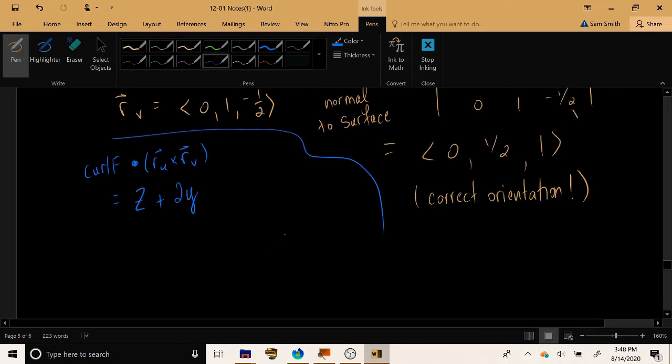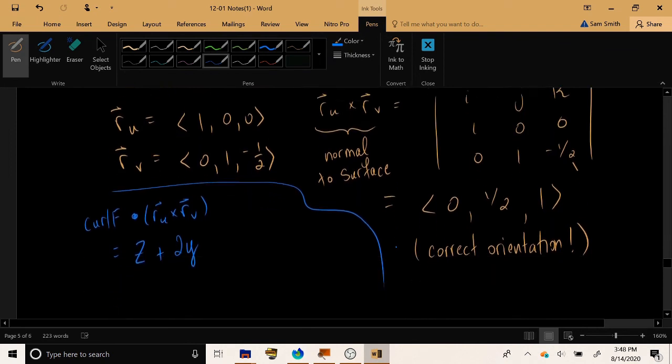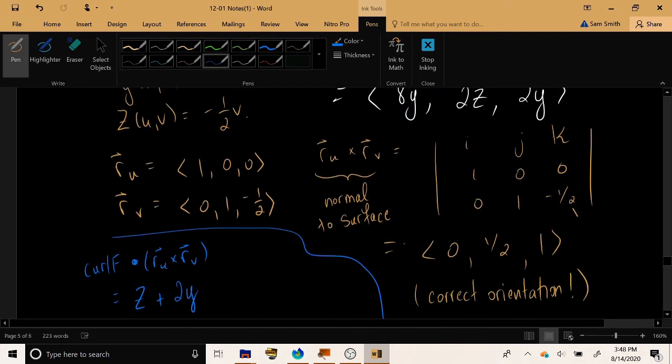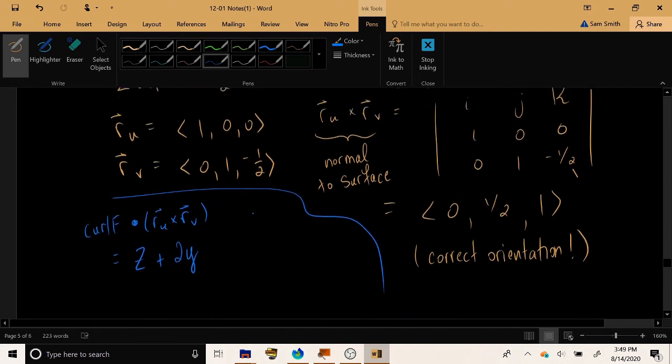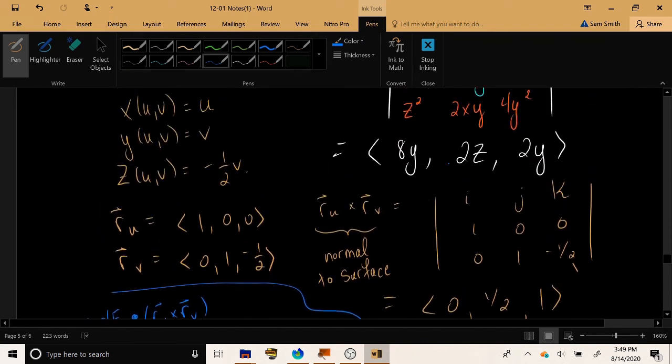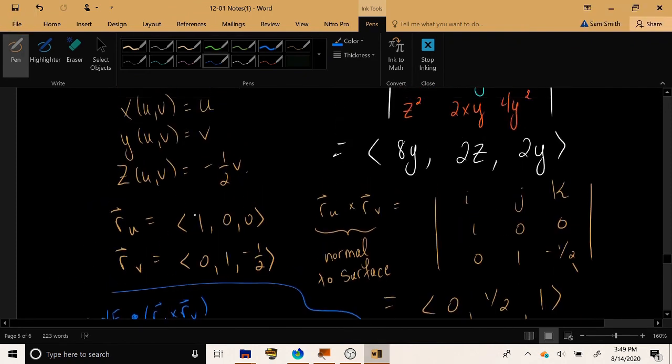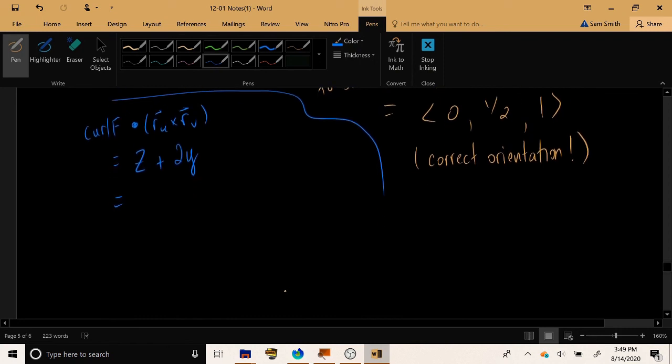All right, so next we need to replace the z and the y with their parameterized versions. We could as well have replaced z and y with their parameterized versions in the curl equation. But z was parameterized by -1/2 v, and y was parameterized by v.